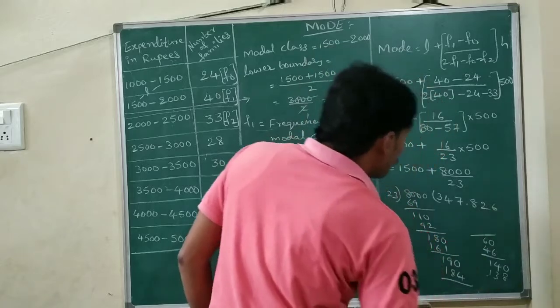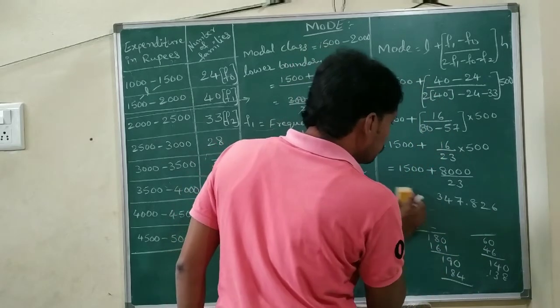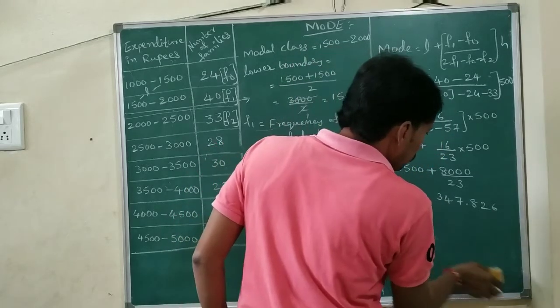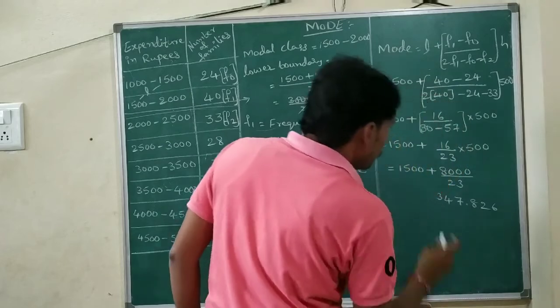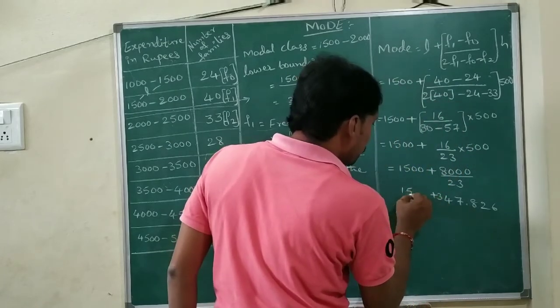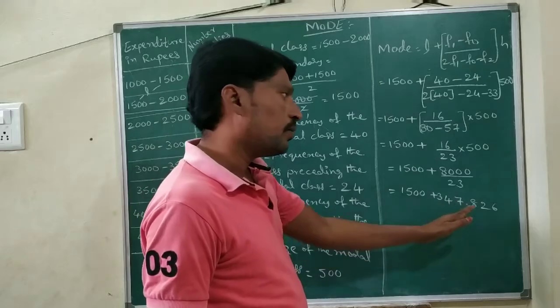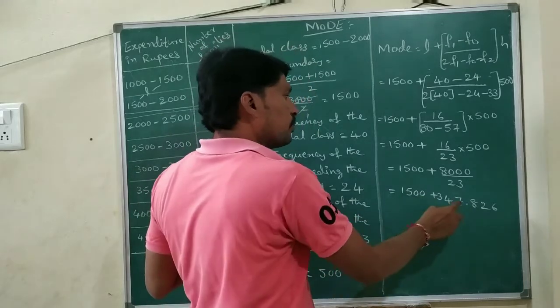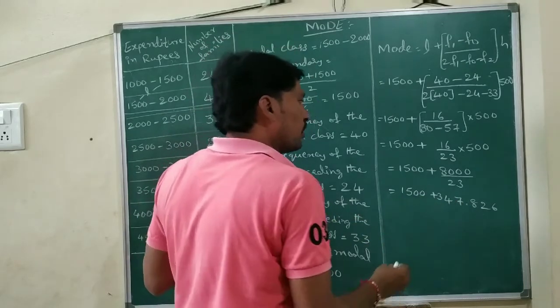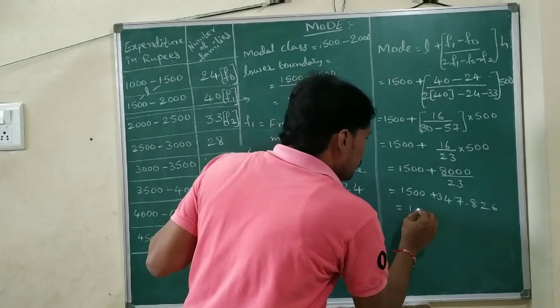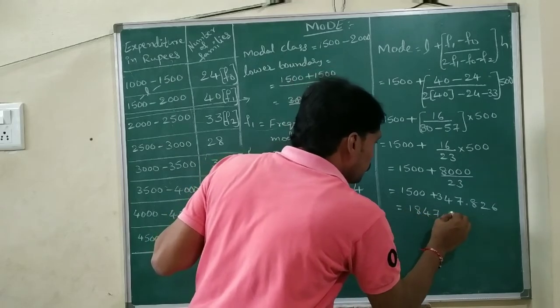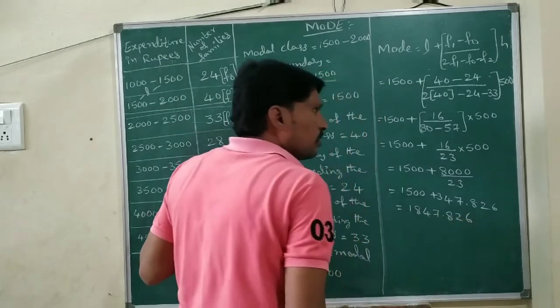So here this one is coming: plus 1500 as it is. 1500 plus 347.826 is 1847.826.